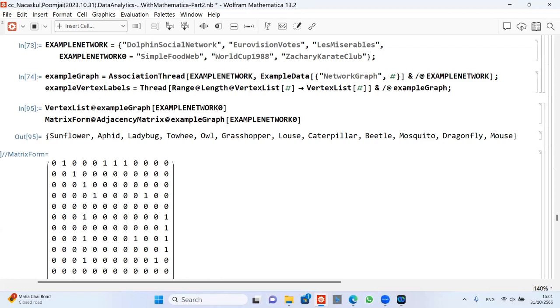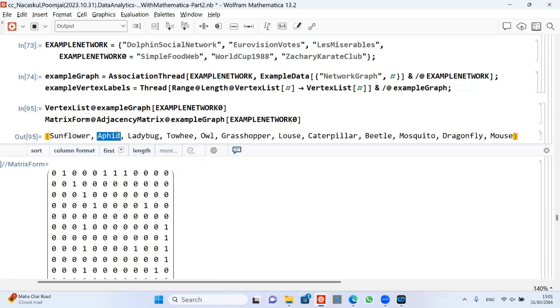So this is information about sunflower. It's not connected to itself, but there's a 1 to aphid. Right? Aphid is the first one. Nothing to ladybug, nothing to towhee, nothing to owl, 1 to grasshopper, louse, and caterpillar. See that?